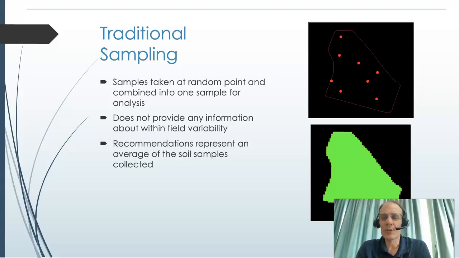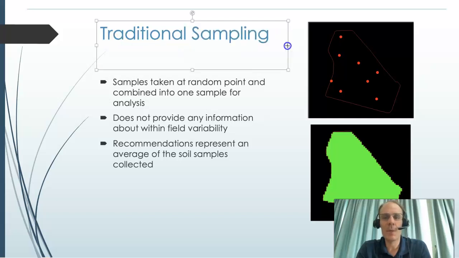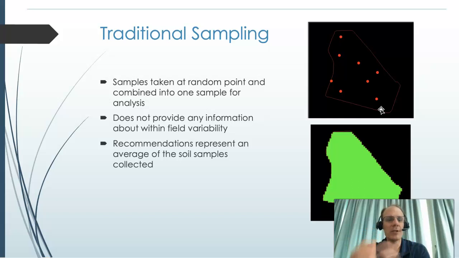Most soil sampling programs, or what we will refer to as traditional soil sampling, is where we take multiple samples within the field at random locations. As you can see on this map, we've sampled in random locations. We then take each of those individual soil samples and composite them into one single soil sample.